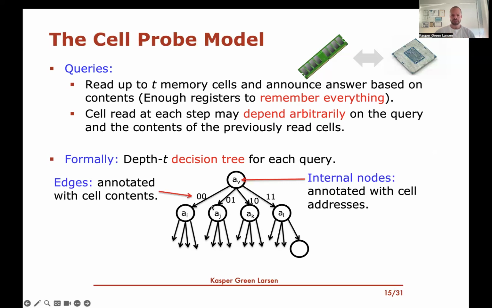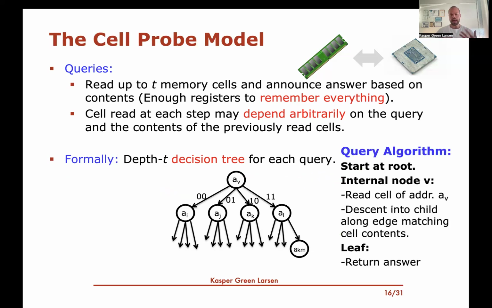So if it has 2 bits, then there are 4 different edges leaving it, corresponding to the 4 different bit patterns you could see in a cell. Each of the leaves of such a decision tree is annotated with query answers. So say, there's 8 kilometers from city A to city C. This could be the answer to a query.